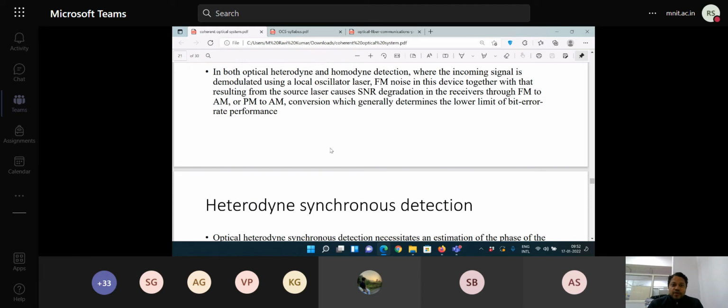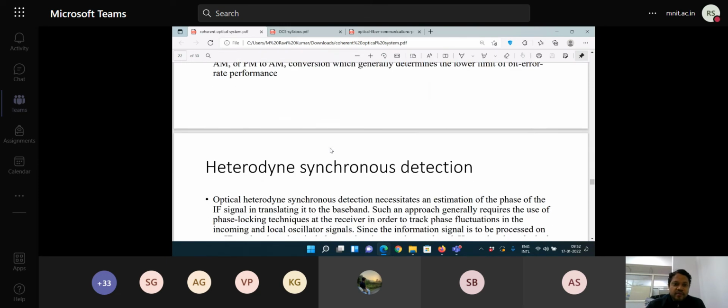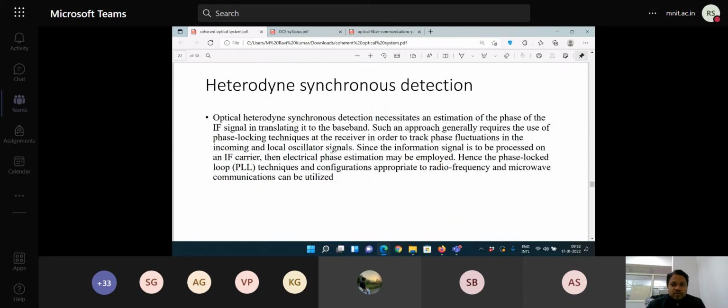It can be possible for any of the modulation techniques, and this determines the lower limit of bit error rate performance. So in case of heterodyne synchronous detection, the phase lock loop which is employed is in the electrical domain.